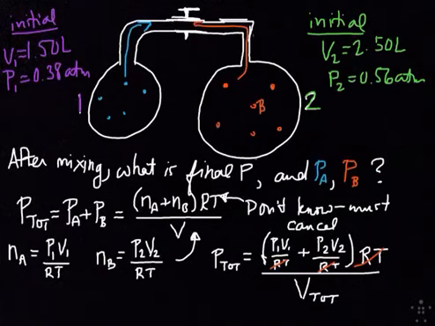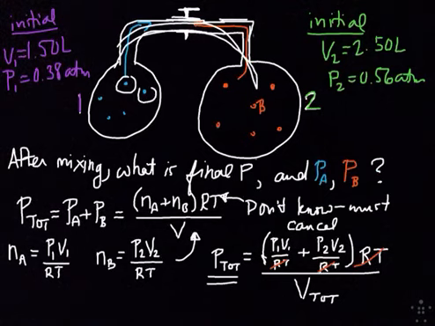We're trying to find the total pressure. We want to know, once these gas molecules have spread through the entire volume, what is the final pressure going to be of everything? So we've got to have the total volume here. Okay, so if that makes sense to you, go ahead and plug the numbers in and see what you get. Maybe pause this and I'll work through it and I'll show you what I get.